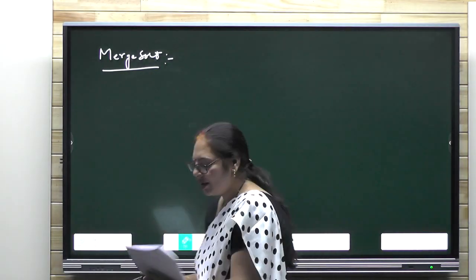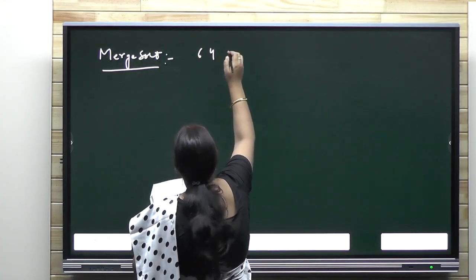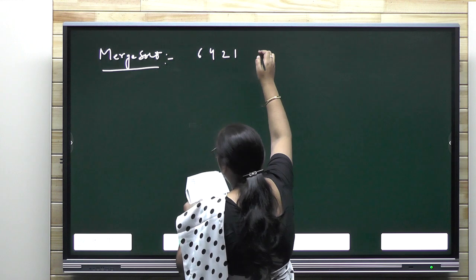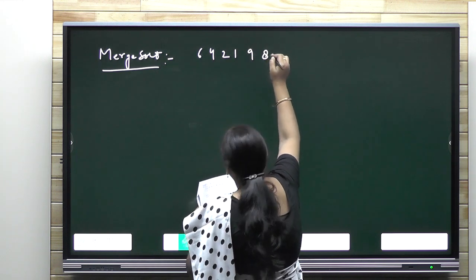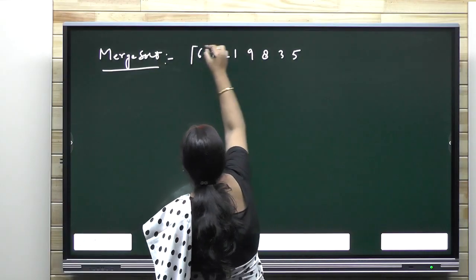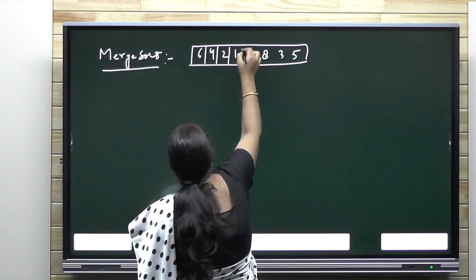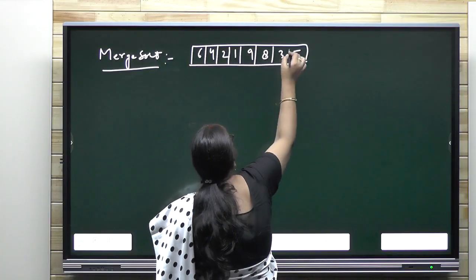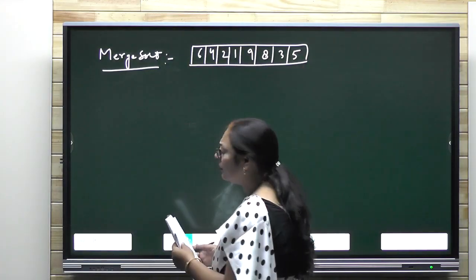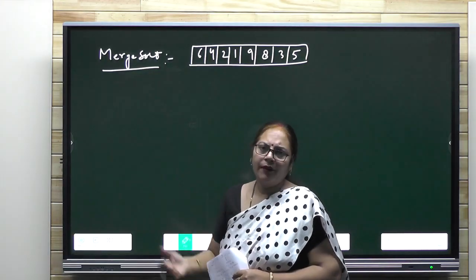Suppose we have the array 6, 4, 2, 1, 9, 8, 3, 5. This is the array of elements we have, and we have to apply merge sort to get the sorted array. As a divide and conquer approach, first we have to divide.